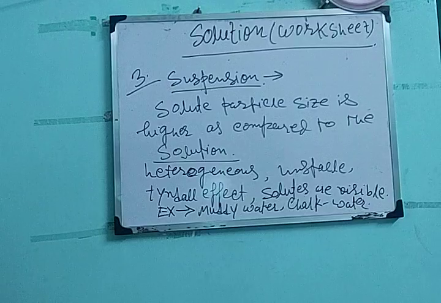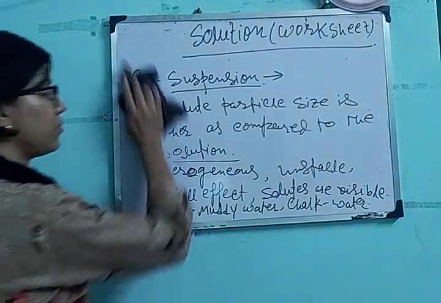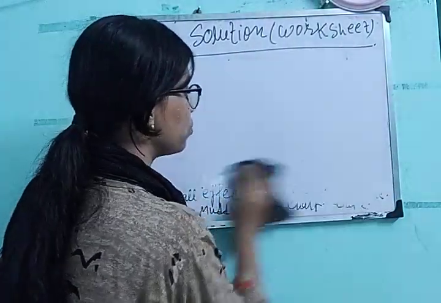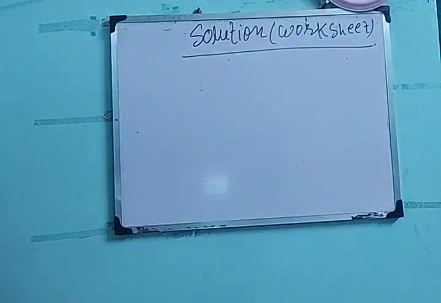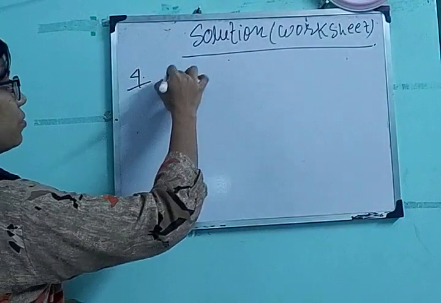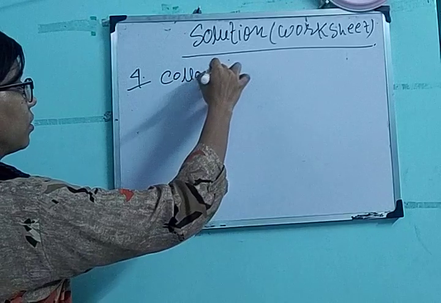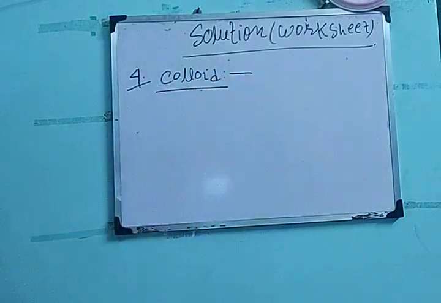The next question, number 4, is: what is colloid? In a colloid, the particle size is slightly higher. It is a heterogeneous mixture, but homogeneous looking.